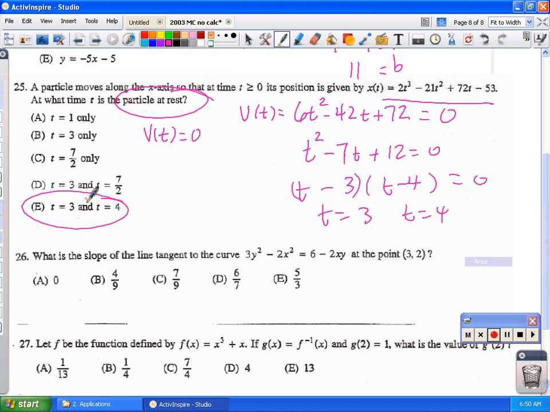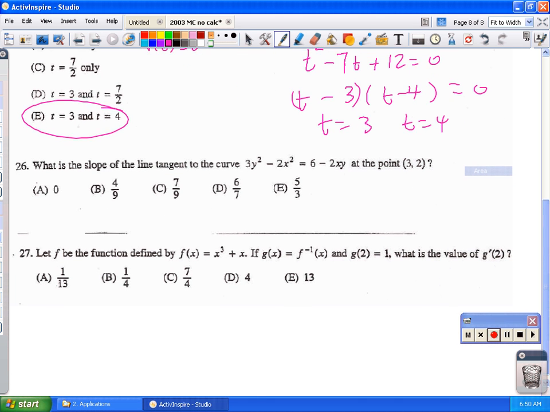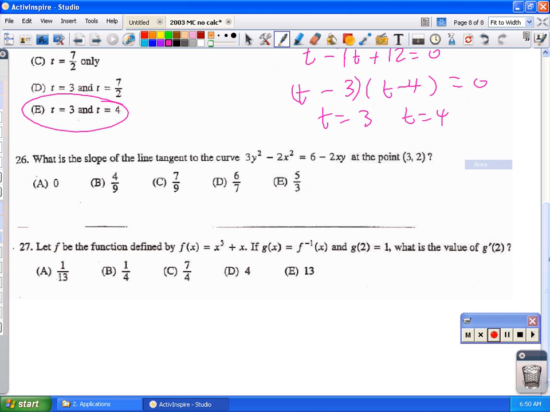26. What is the slope of the line tangent to the curve at this point? We have x's and y's, so it's implicit differentiation. So when I find the derivative, I get 6y dy dx minus 4x is equal to 0 minus product rule.